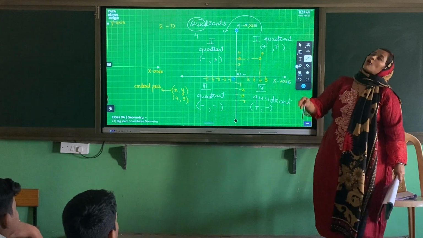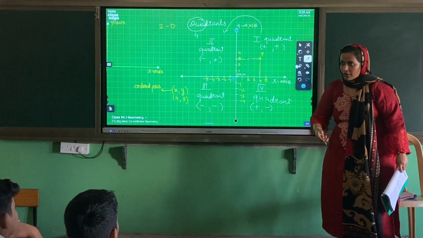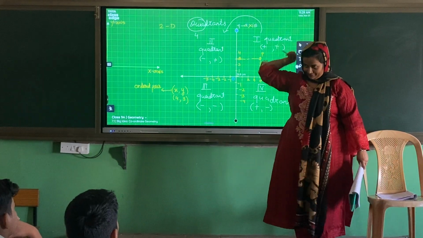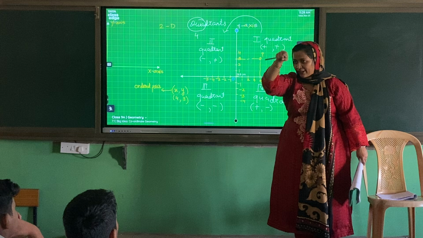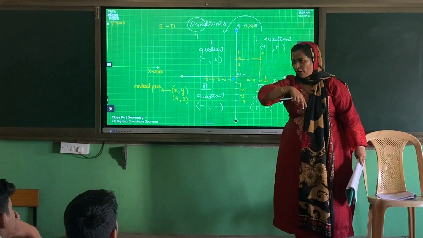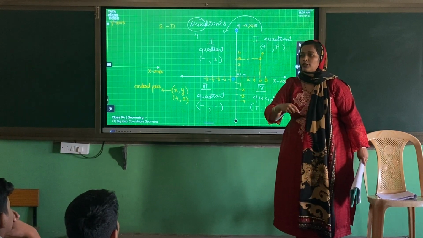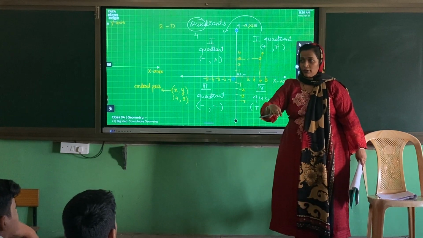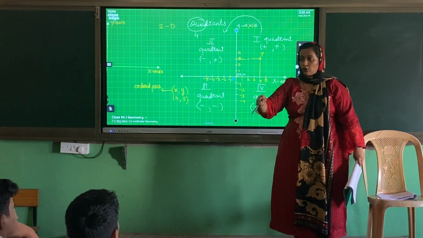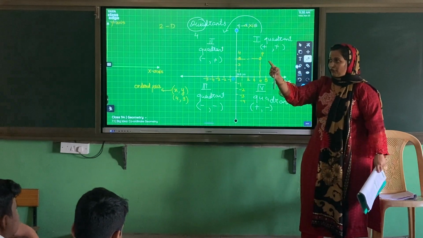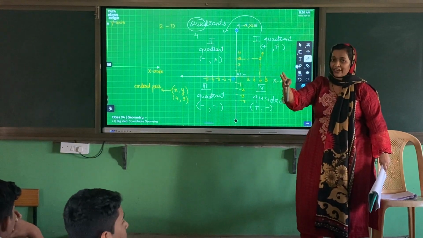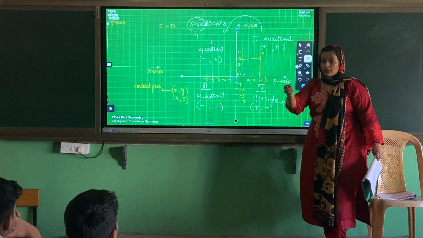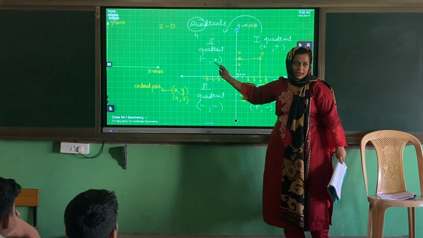The first coordinate is negative and the second coordinate is positive. Which quadrant is it lying in? Negative, positive. The first x coordinate is negative, the second coordinate is positive. It is lying in the second quadrant.